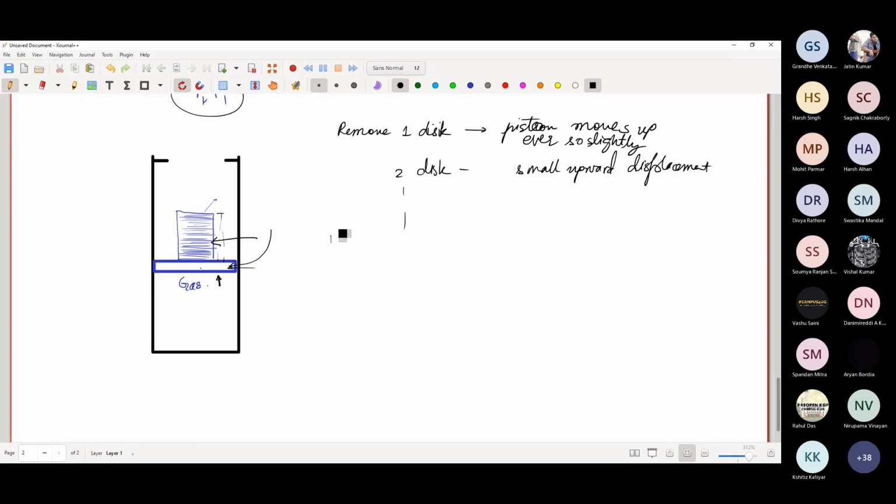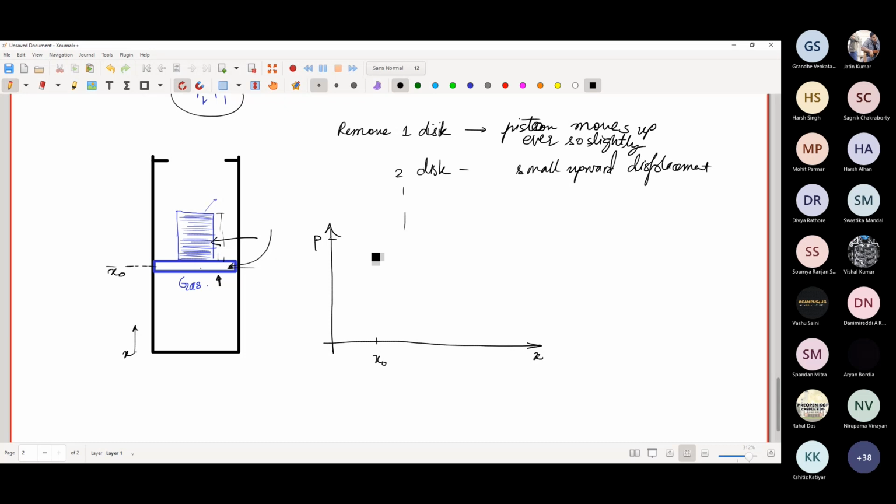Let us try to make a plot. Say this is x, and on the y-axis we have pressure, and it is at a certain initial location, say x naught.